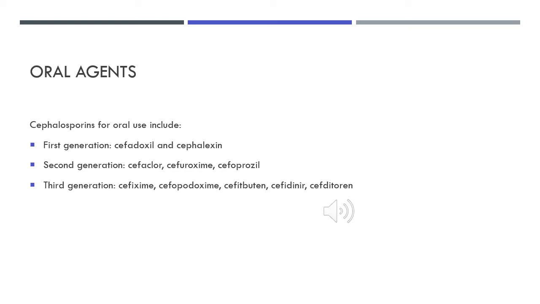The oral third generation cephalosporins, I would just want to mention that they're active against Streptococci, H. influenzae, M. catarrhalis. They are more active than the other oral cephalosporins against the enteric gram-negative bacilli, including P. mirabilis, Klebsiella, E. coli.